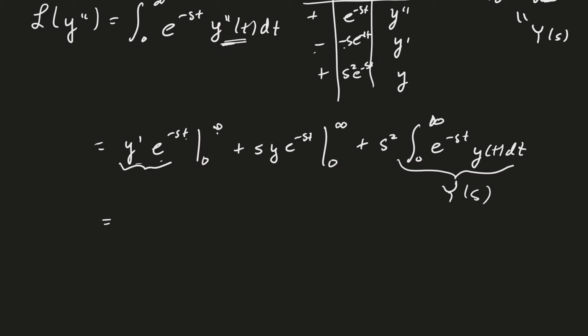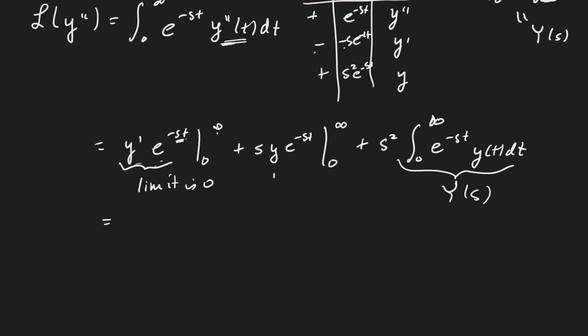Well, this limit better be 0, otherwise we're going to have trouble if we had to integrate that from 0 to infinity, right? So we're going to go ahead and assume that the limit is 0 because we're assuming that it's of exponential order.